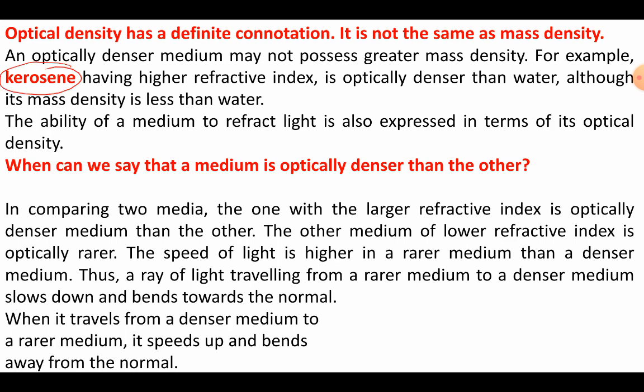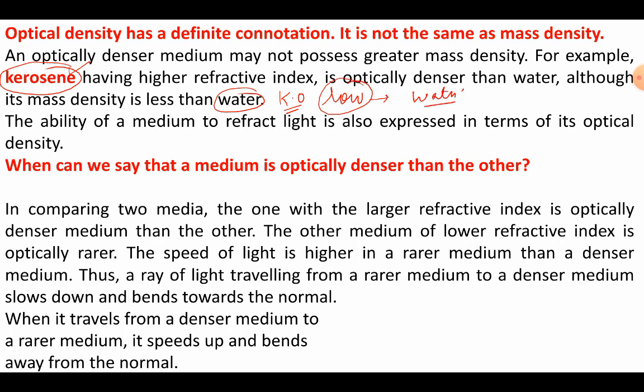We all know that if we mix kerosene and water, these are two immiscible liquids. Kerosene will be present in the top layer and water at the bottom layer. So kerosene has a low mass density as compared to that of water.